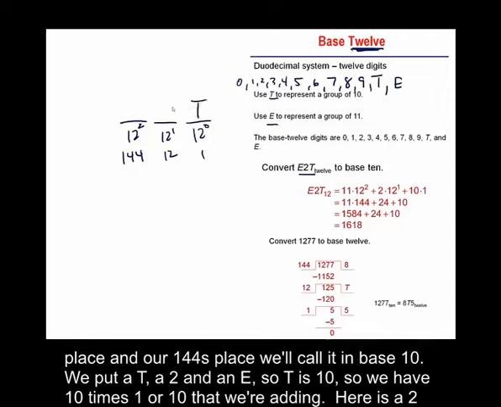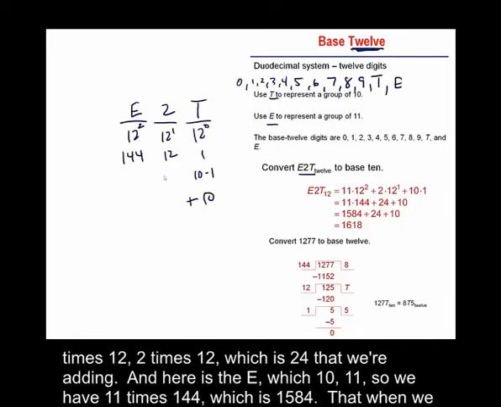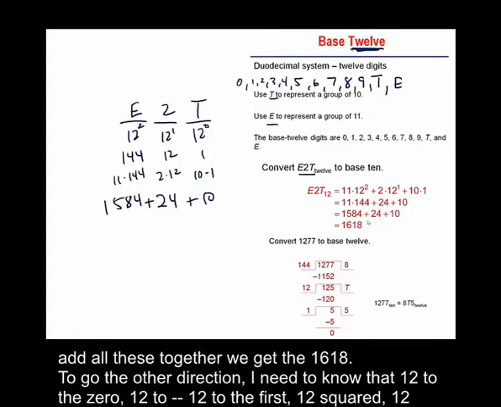We put a T, a 2, and an E. So T is 10, so we have 10 times 1, or 10 that we're adding. Here is 2 times 12, which is 24 that we're adding. And here is the E, which is 11. So we have 11 times 144, which is 1584. When we add all these together, we get 1618.